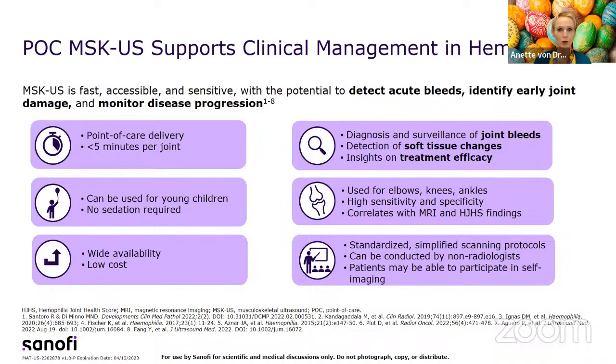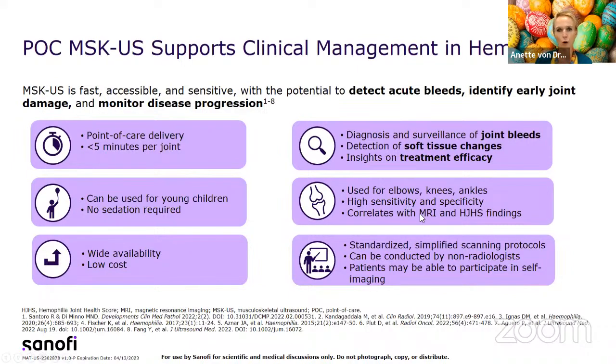And perhaps in the long run might provide insights on treatment efficacy, although there are no data yet that would suggest that using the ultrasound in clinic to monitor changes and then change the treatment paradigm thereof would really portend better outcomes. That's a disclaimer to say.